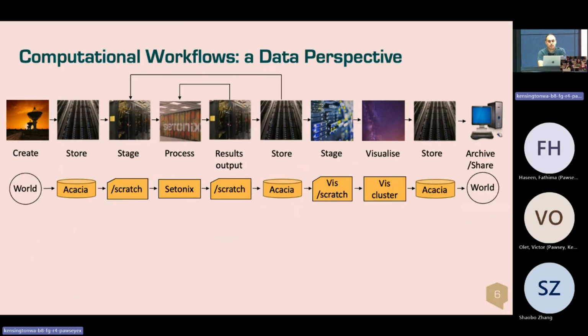If you want to visualize your data, you will also have to move the data from Acacia to Scratch if it's not already on Scratch, and then you can use the visualization nodes to visualize the data. So this is what we expect researchers to do when using Setonix and the Pawsey infrastructure.